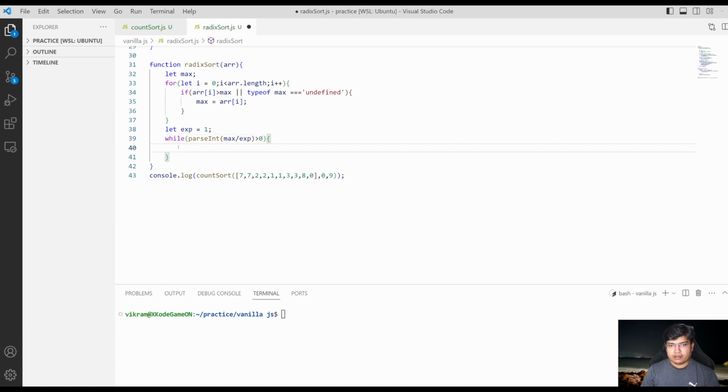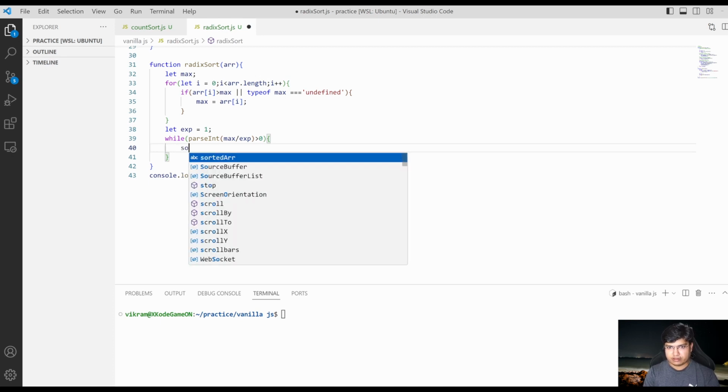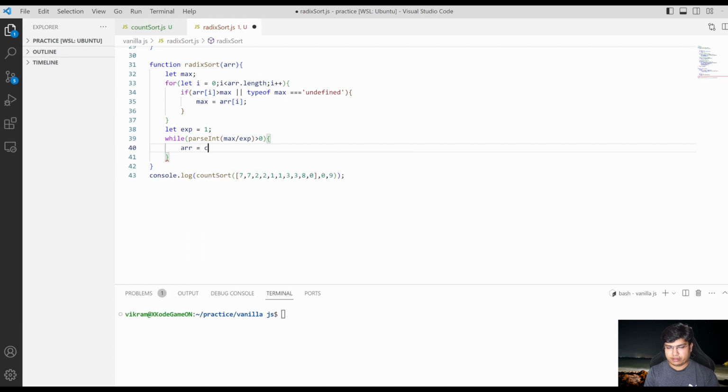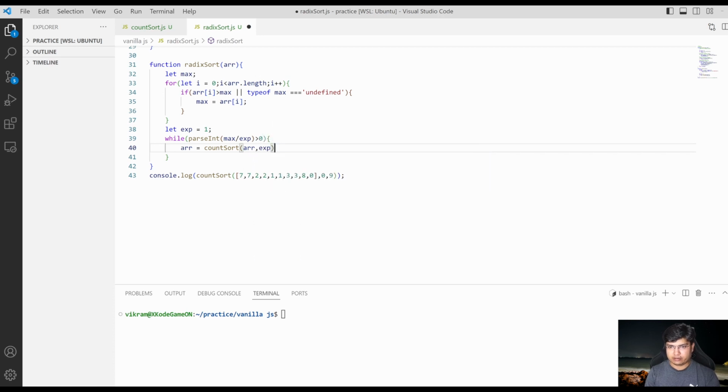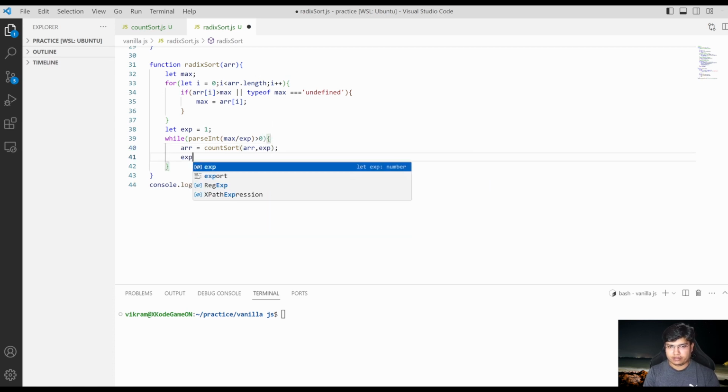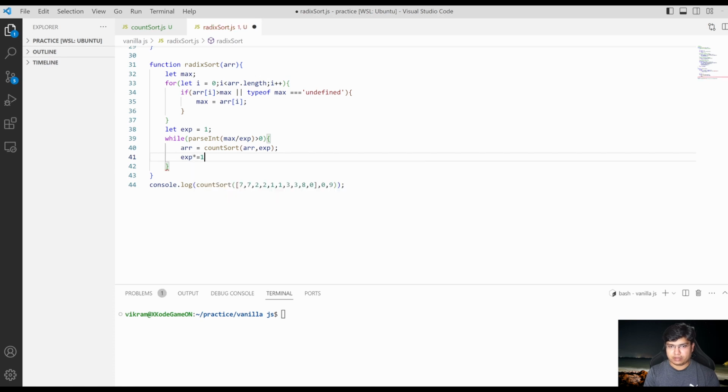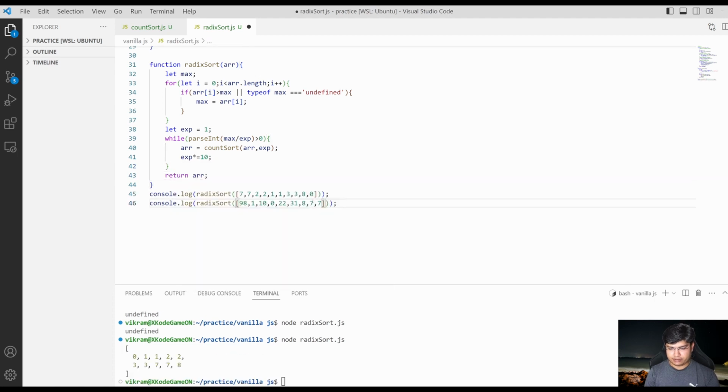Okay, till the time we are able to extract digits, we will continue doing this operation where my ARR would be count sort on ARR, and every time I will be sending the exponent, and with every iteration I have to multiply my exponent by 10. Okay, I have not written the array here. 100. So these are the exact numbers that we took during our dry run. Let's see if we are able to sort them.